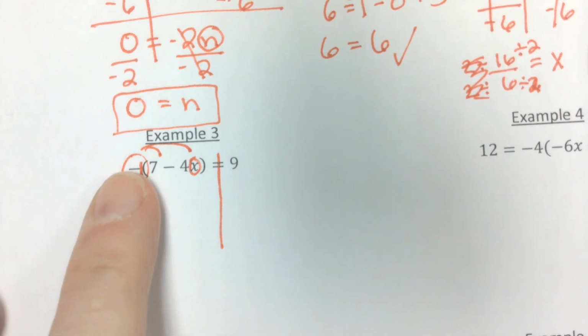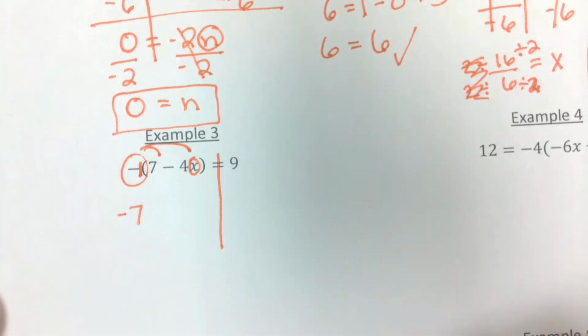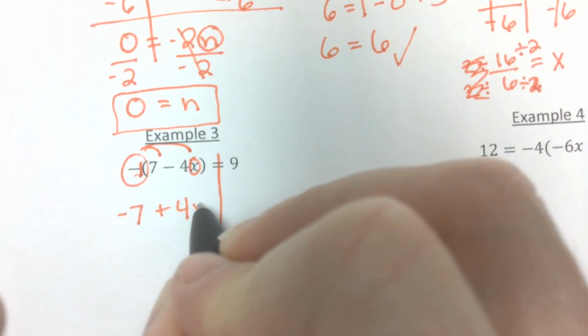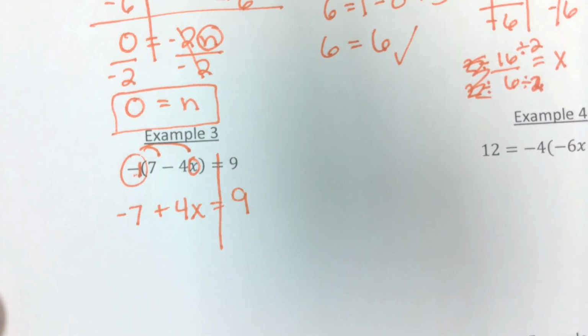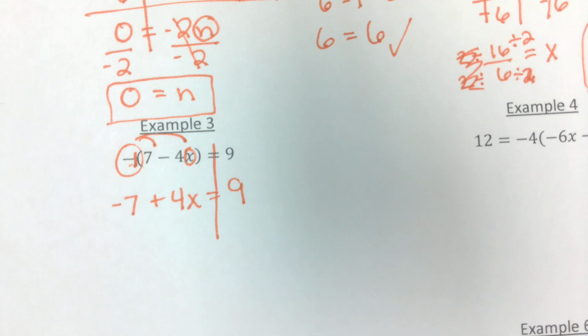Negative 1 times everything on the inside. So negative 1 times 7 is negative 7. Negative 1 times a negative 4x is a positive 4x. So we just distributed the negative 1. So now we want to combine like terms. There aren't any terms to combine.